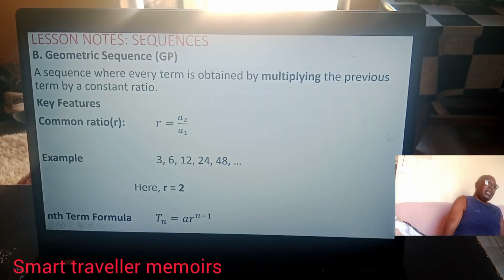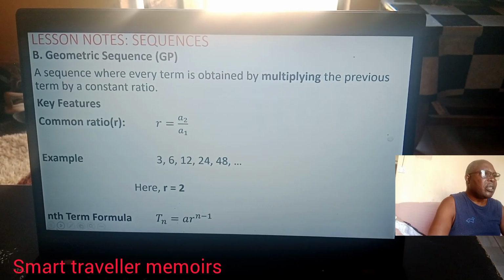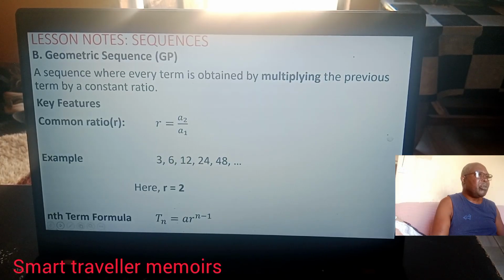B is geometric sequence, which is abbreviated GP. This is a sequence where every term is obtained by multiplying the previous term by a constant ratio.